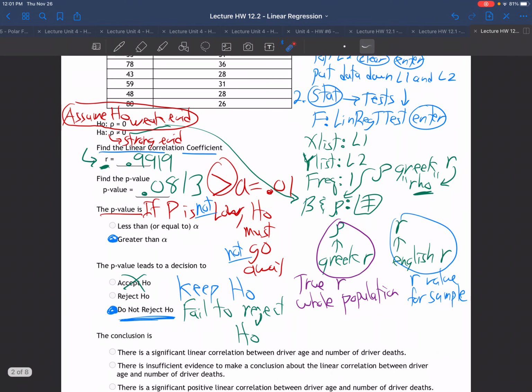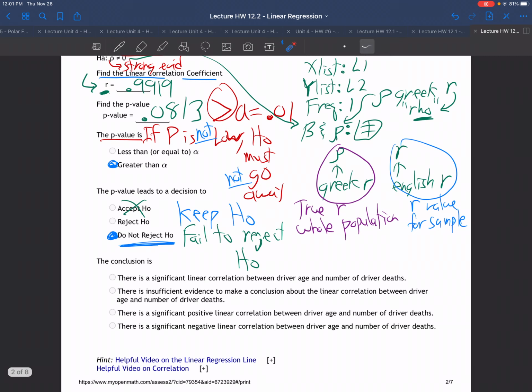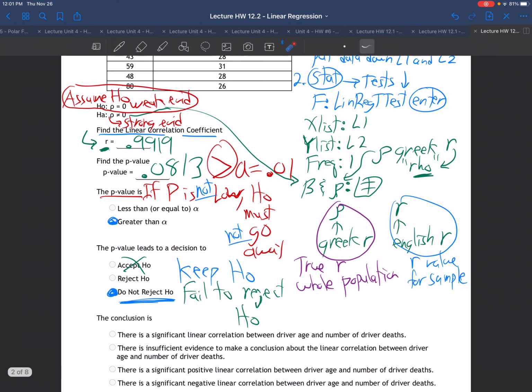Why not? Because we fail to reject it. That's different than saying we love it and we accept it. We are going to keep it, but we assumed it's true. We're not sure it's true. We just assumed it's true. So what's our conclusion? Remember up here, we say there is weak evidence, right? We're going with the null.